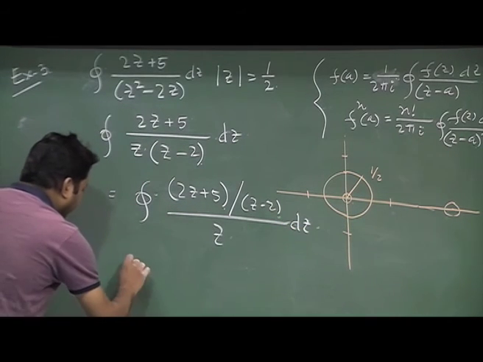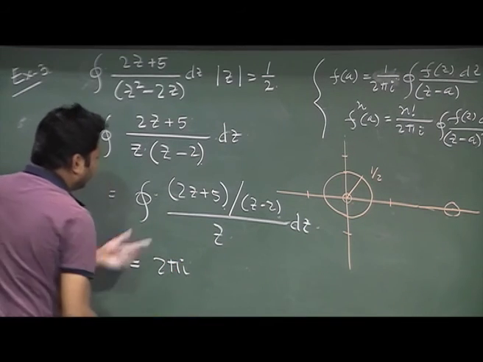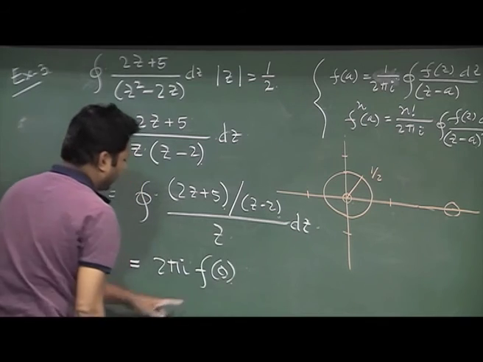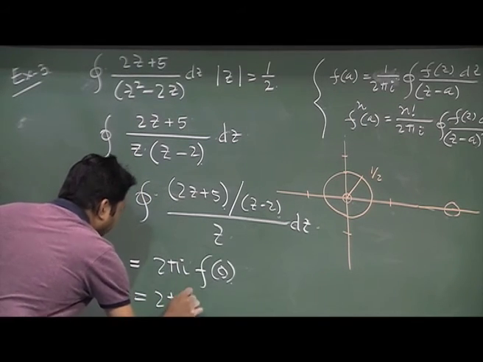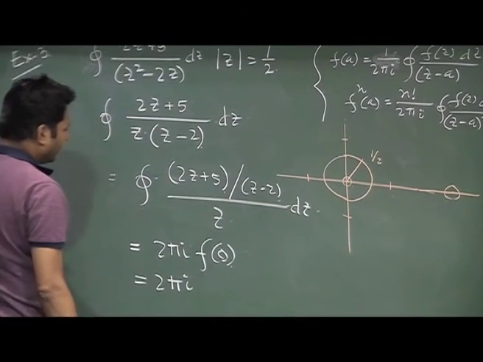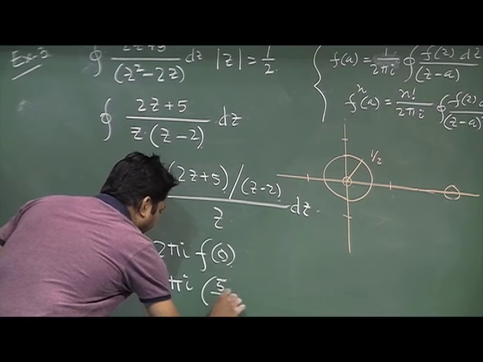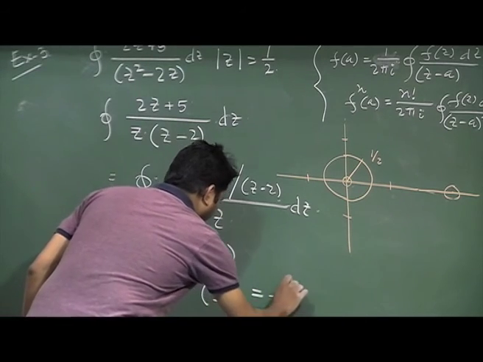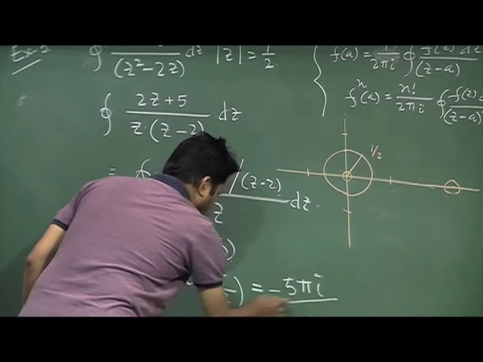What will be my answer? My answer will be 2 pi i multiplied by the function at the 0 point, which is 5 by minus 2. So my result will be minus 5 pi i. This is the result.